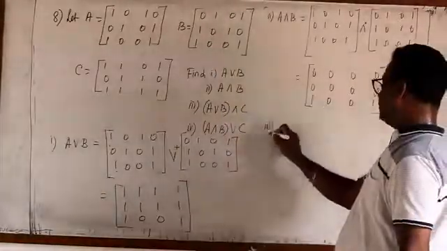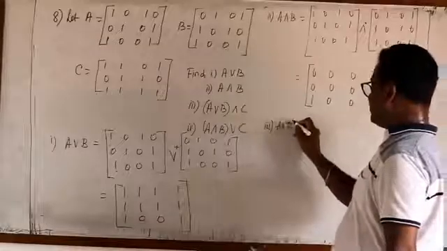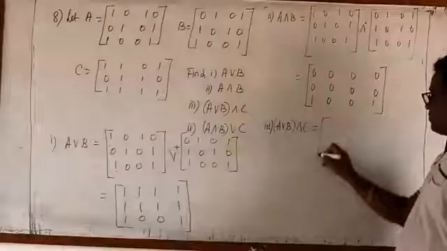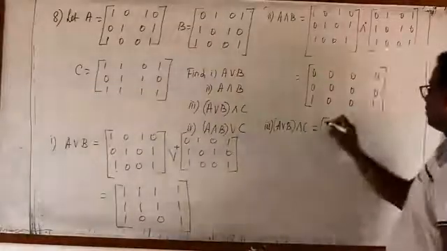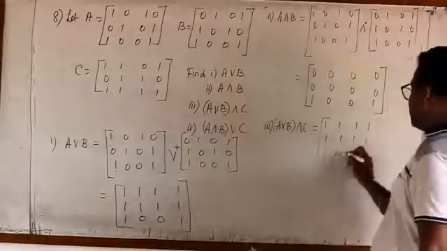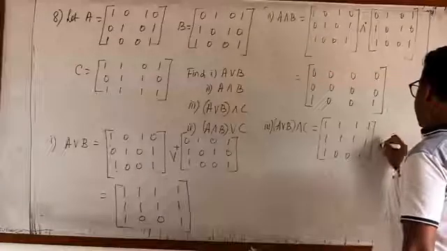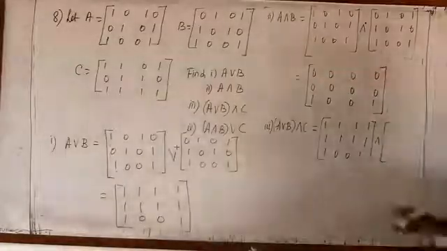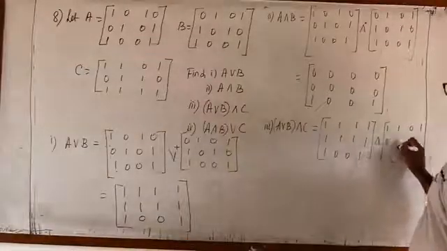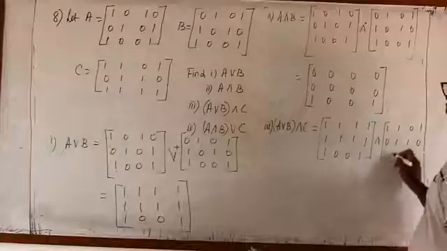Now the third one, A disjunction B, conjunction C. But we found A disjunction B already. That is 1 1 1 1 1 1 1 1 1 0 0 1. And C we have as 1 1 0 1 0 1 1 0 1 1 1 1.